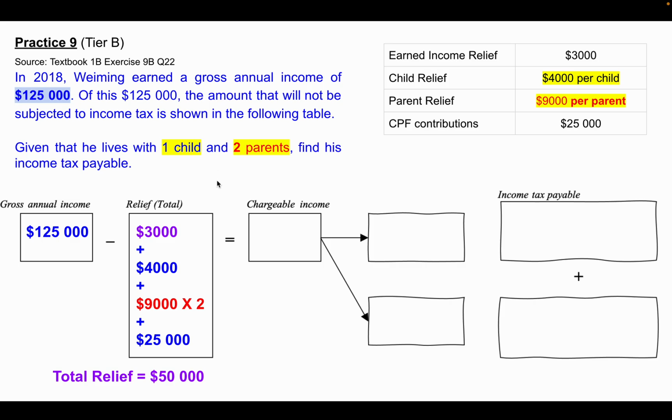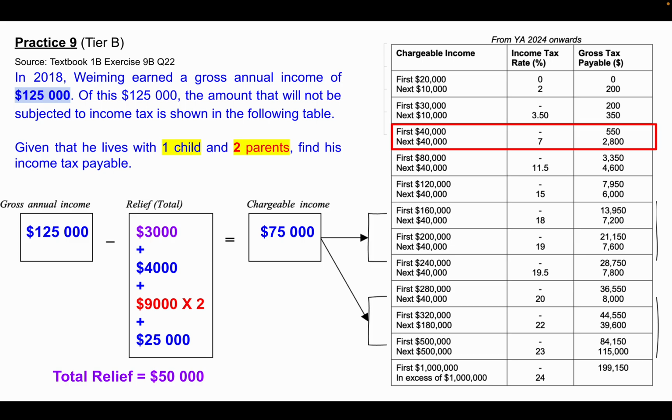So to calculate the total relief, we will add this amount, which is the $3,000, which is his earned income relief, plus the child relief, parent relief, and the CPF contribution, which is a total of $50,000. And the chargeable income is now the difference between the gross annual income and the relief, which gives $75,000.